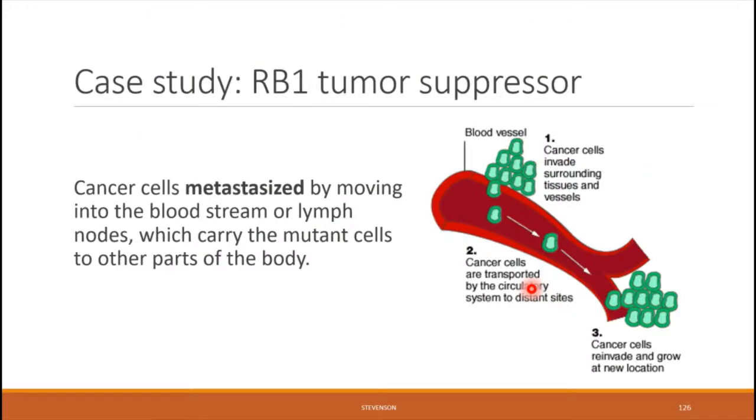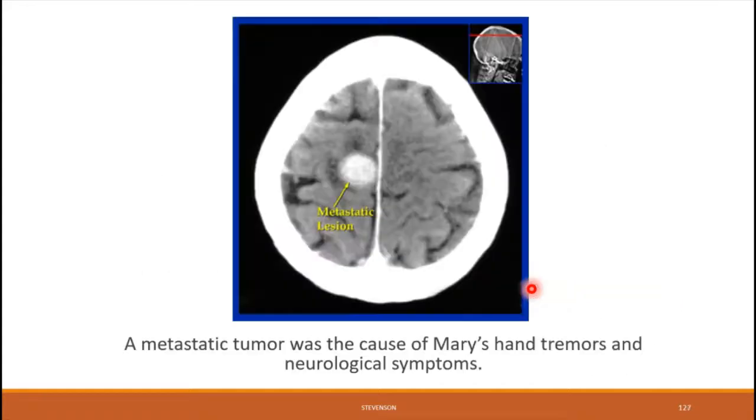They also found that the cancer had metastasized, which means that it had moved through the bloodstream or the lymph nodes and had been carried to another part of the body. And in this case, the cancerous cells had moved into the brain, where there was a metastatic tumor located which was causing the neurological symptoms and the hand tremors.